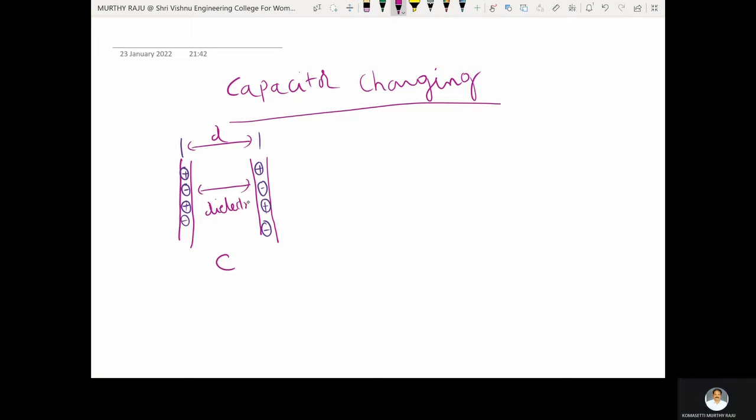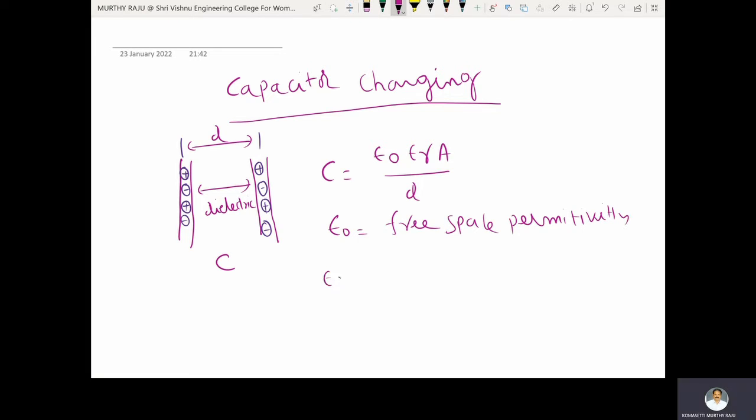To find the capacitance of the capacitor, the formula is C is equal to epsilon naught into epsilon R into A by d, where epsilon naught is the free space permittivity, epsilon R is the relative permittivity, and A is the area of the metal plate.